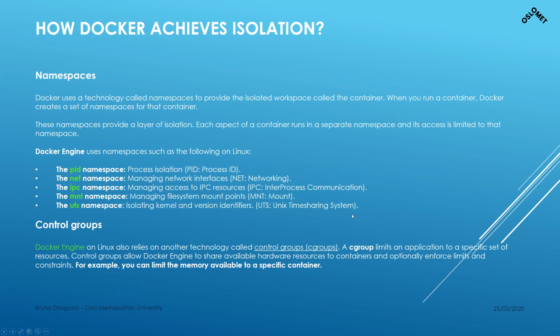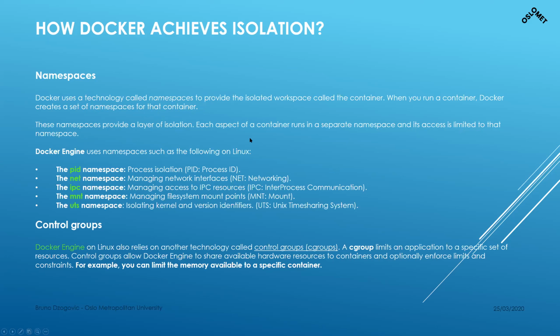So, the namespaces are like isolated spaces for the container. This is adding to the question from before. The namespaces perform this isolation. When you run a container, Docker creates a set of namespaces for that container. These namespaces are an additional layer of isolation, and each container will run in a separate namespace, and its access is limited to that namespace.